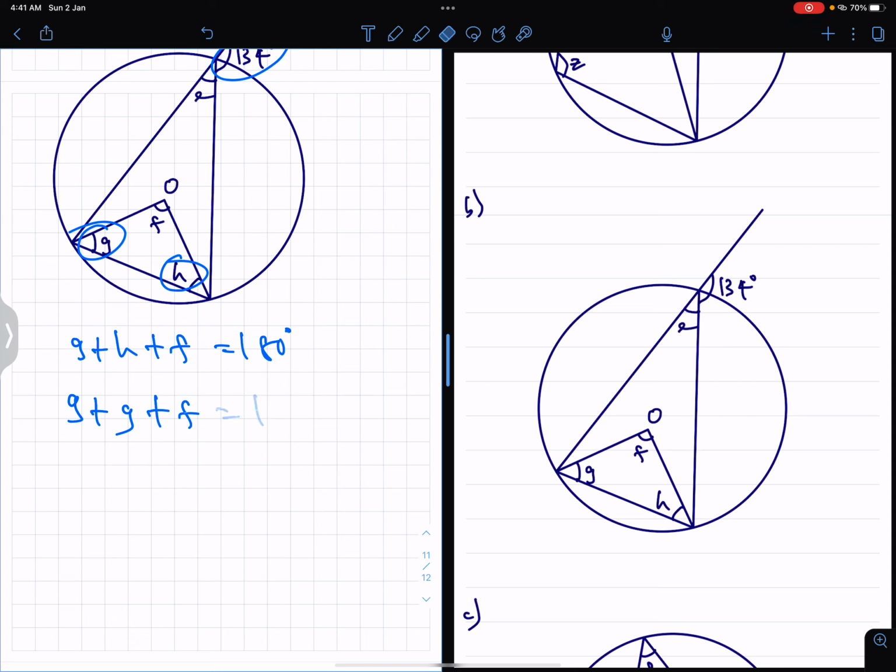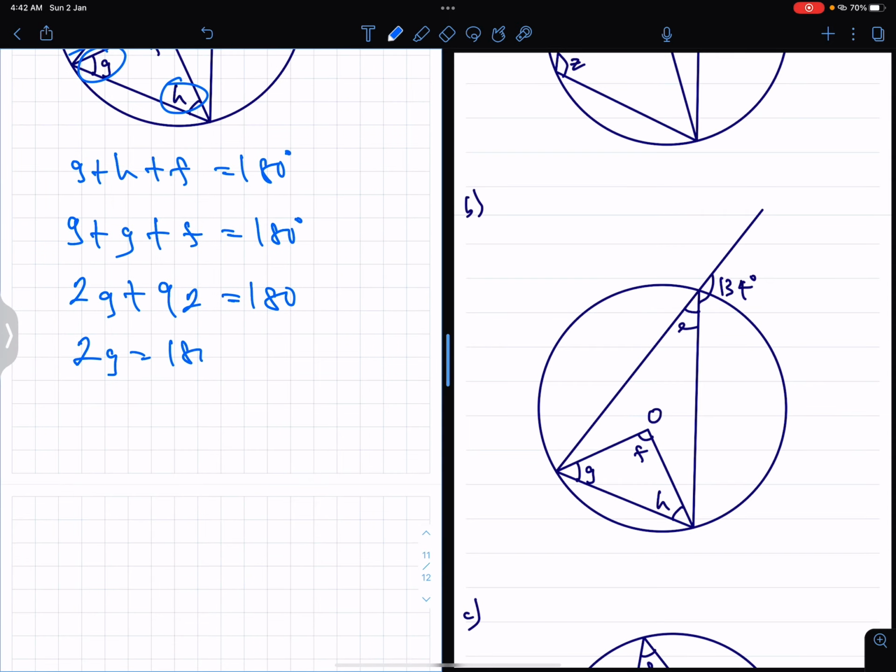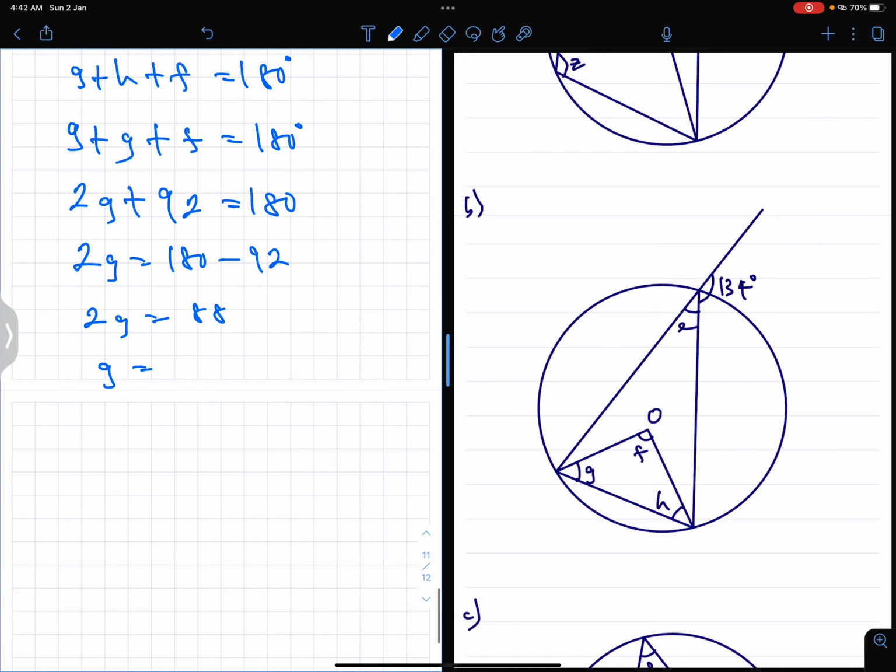So G plus G plus F equals 180 degrees, and that means 2G plus F. We already know that F is 92, so 2G plus 92 degrees equals 180, and that means 2G equals 180 minus 92, which means 2G is 88 degrees, and G will be 44 degrees. So that simply means H is also 44 degrees.